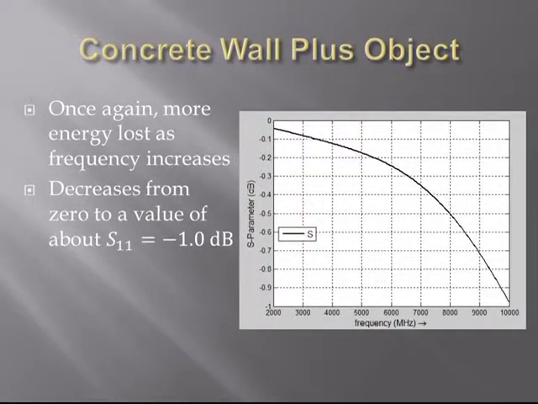When the object was also added into the environment, we found that once again the S parameters were decreasing. This time, though, they only decreased from 0 decibels to about minus 1 decibel on the logarithmic scale. This shows us that our radar simulation was able to show that it did find something on the other side of the wall.